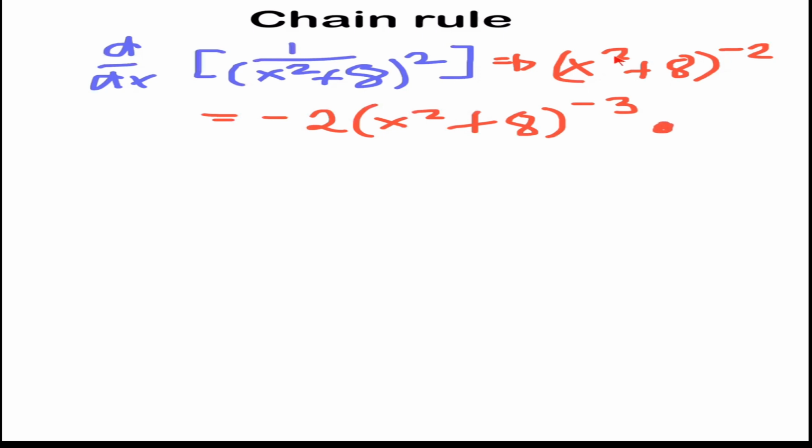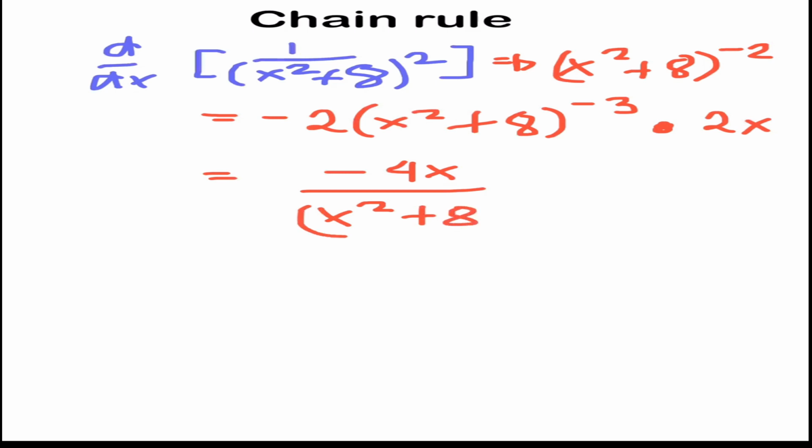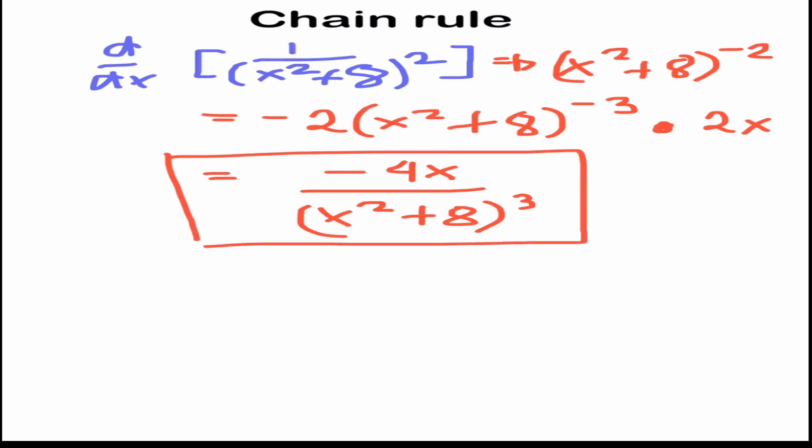What is the derivative of x squared plus 8? It's 2x. Now, negative 2 times 2x is negative 4x over x squared plus 8 raised to the third power. And this now is the final answer.